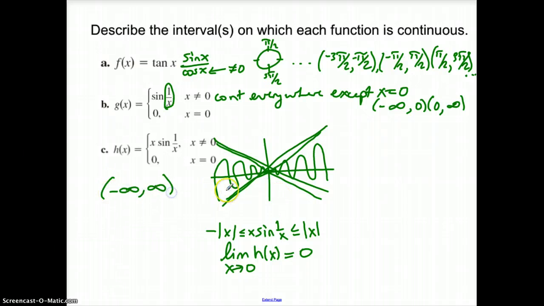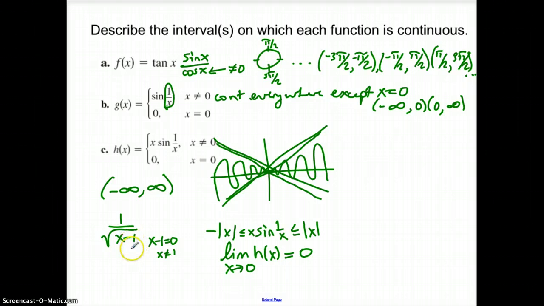Now ours are not going to be that hard. They're going to be more like 1 over the square root of x minus 1. We'll decide where that's continuous. You have to think about where this part doesn't equal a negative, because it can't be a negative in a square root, and where the whole denominator can't be 0. So this would equal 0 when x equals 1, so x cannot equal 1.